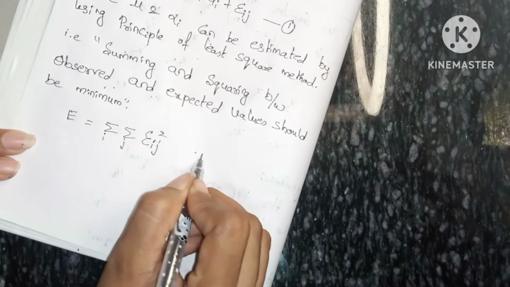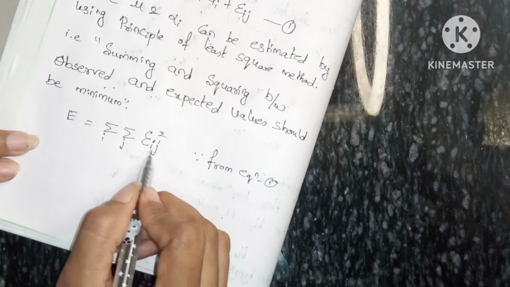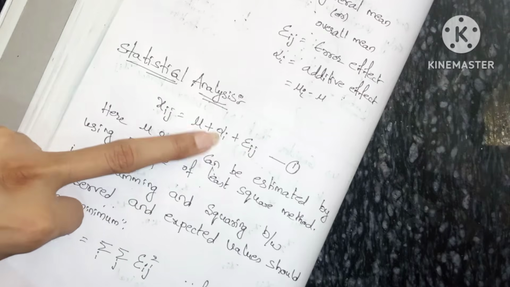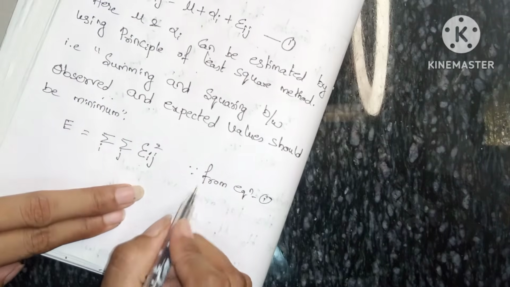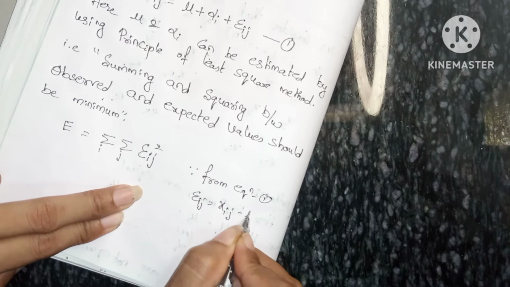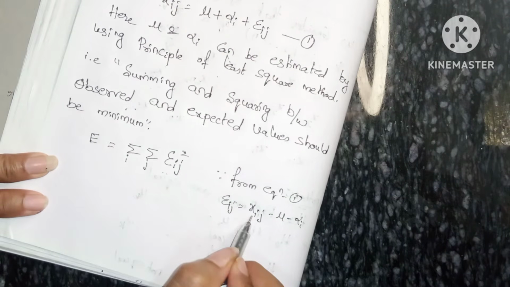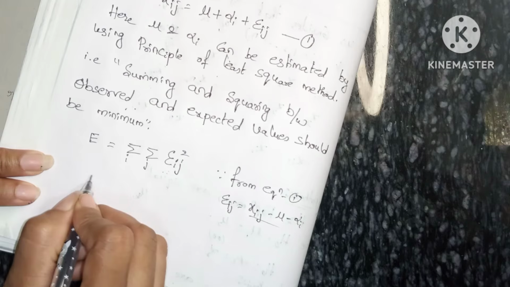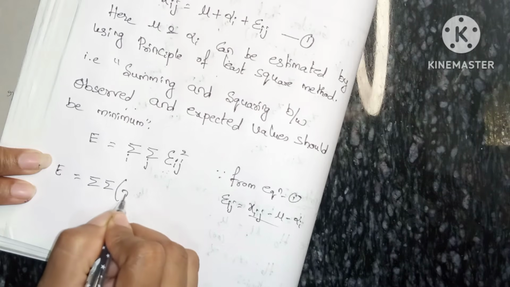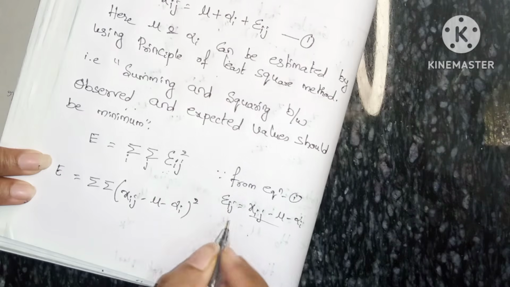From equation 1, what is epsilon ij? Here you keep epsilon and bring these two terms to this side, so we'll get epsilon ij equals xij minus mu minus alpha i. We are going to substitute this value in this term, so E equals double summation xij minus mu minus alpha i whole square.